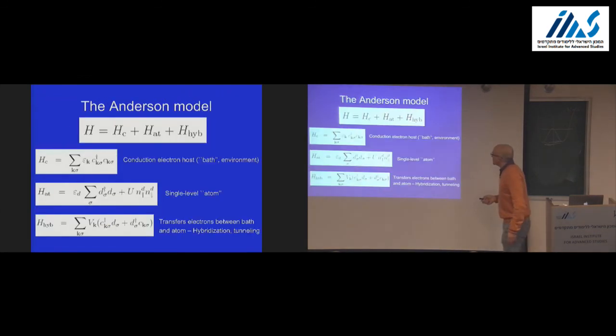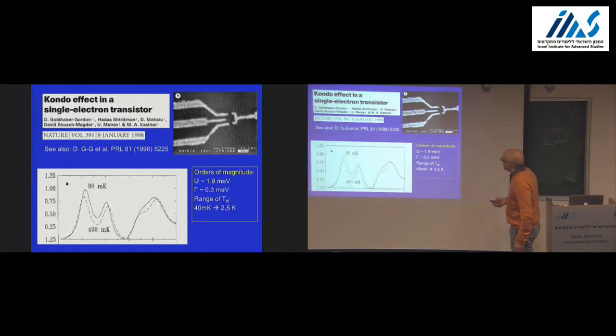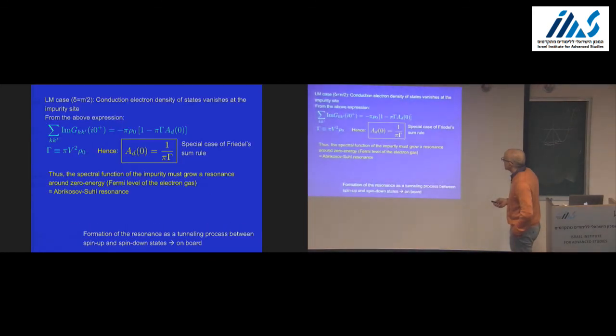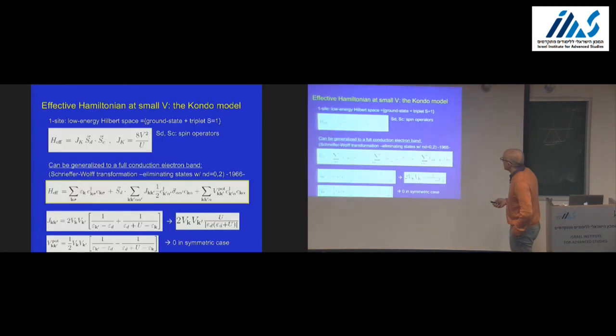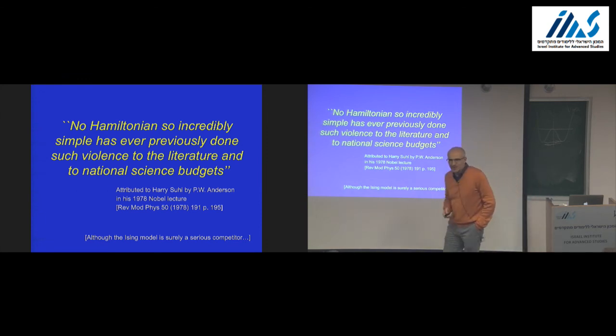It's probably time actually to show you this beautiful quotation from Anderson's Nobel lecture, where he said: no Hamiltonian so incredibly simple has ever previously done such violence to the literature and to national science budgets. Well, that's attributed to Harry Suhl, who is another important name in this field.